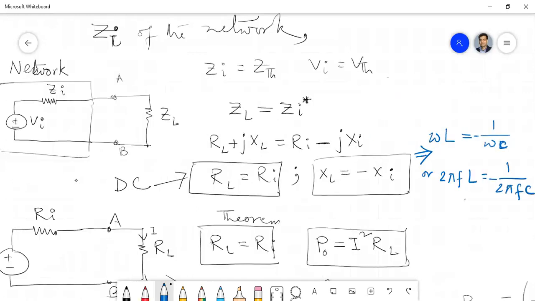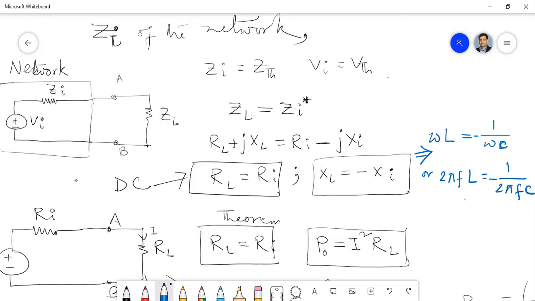Anyway, whatever expression we have derived here, I don't know whether I derived it in the last class or gave it for your homework, that is valid for the case where both the load and the internal circuit have a real part and an imaginary part of the impedance.